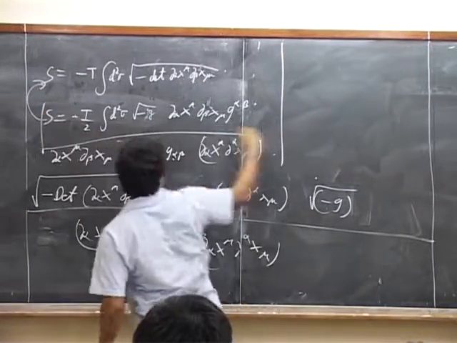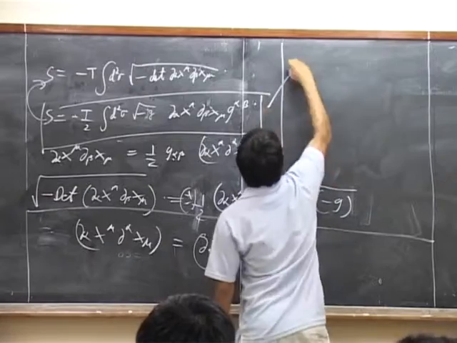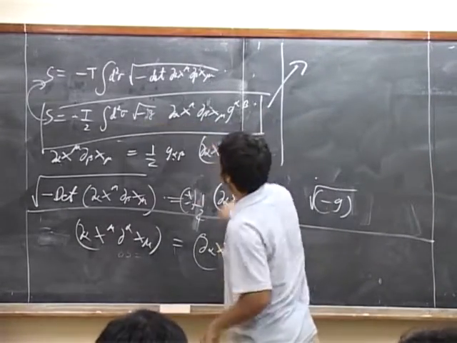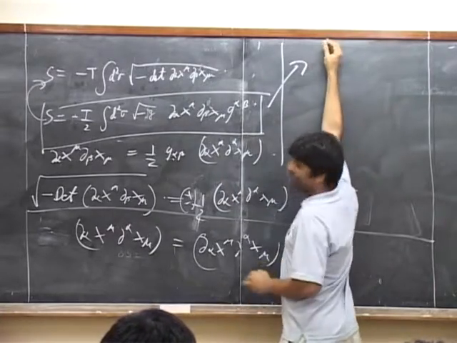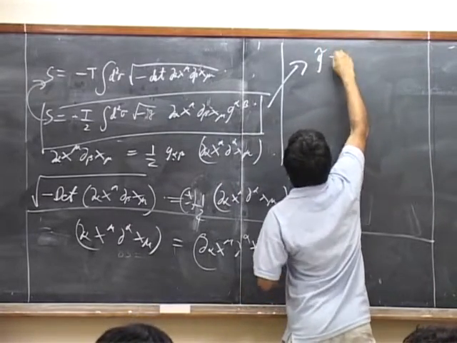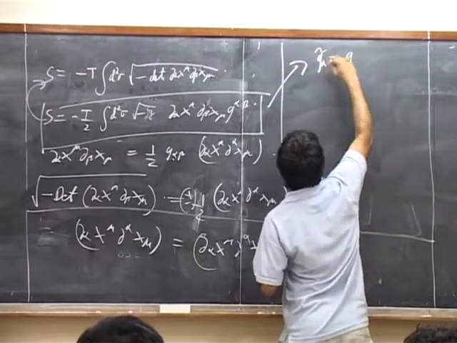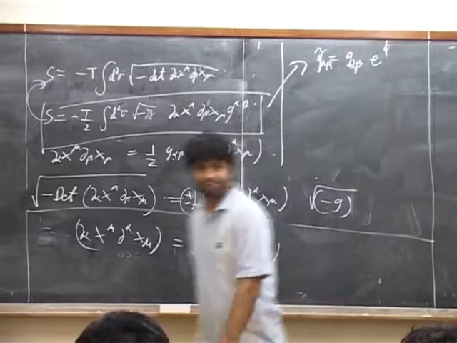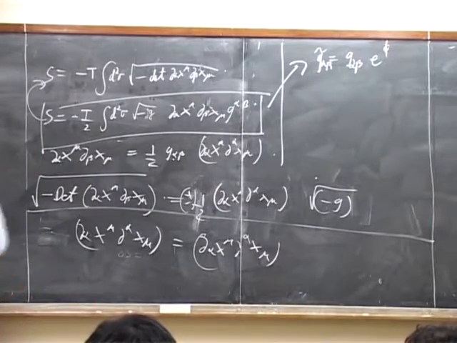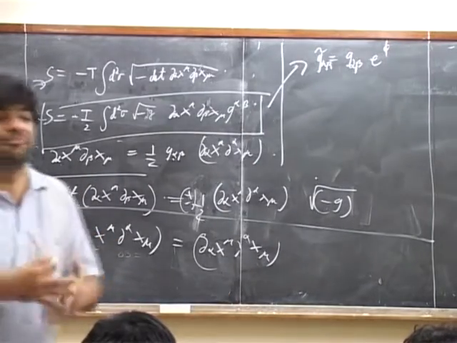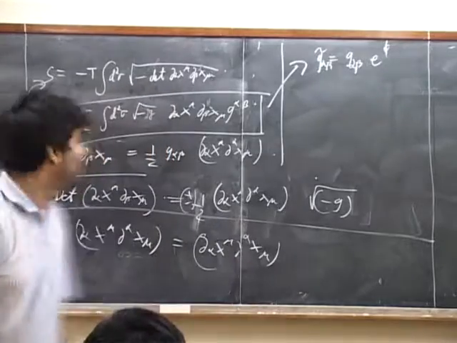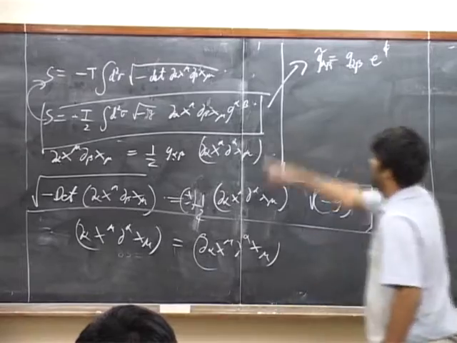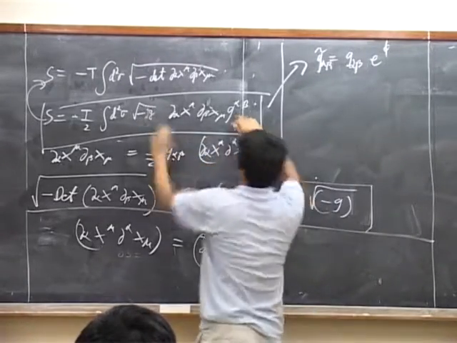Let's look at this action here. Okay, now consider 2 different metrics. g tilde, which is equal to g alpha beta times e to the power phi, where phi is an arbitrary function of your worldsheet coordinates. Okay, now under this transformation, what happens to all the fields that enter this action?